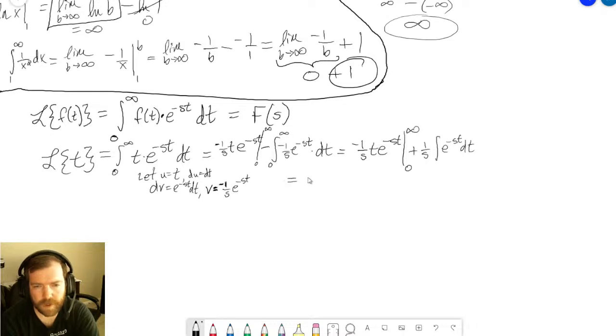So this is going to be a negative 1 over s t e to the negative st, evaluated from 0 to infinity, plus 1 over s times a negative 1 over s e to the negative st, evaluated from 0 to infinity.